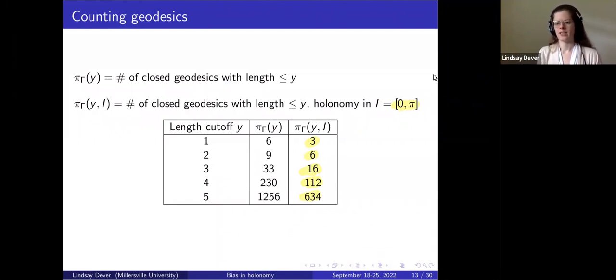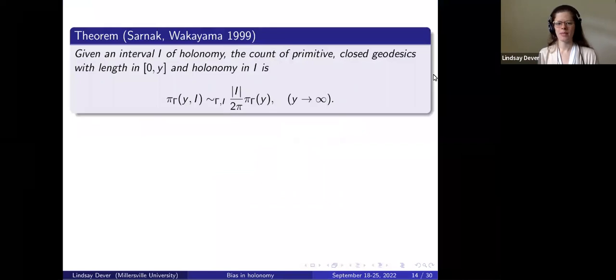Okay, so this can be formalized, and this was proven by Sarnak and Wakayama in 1999. They showed that if you have an interval of holonomy, then the number of closed geodesics with length up to y and holonomy in I is asymptotic to the length of the holonomy interval times the total number of geodesics up to y.